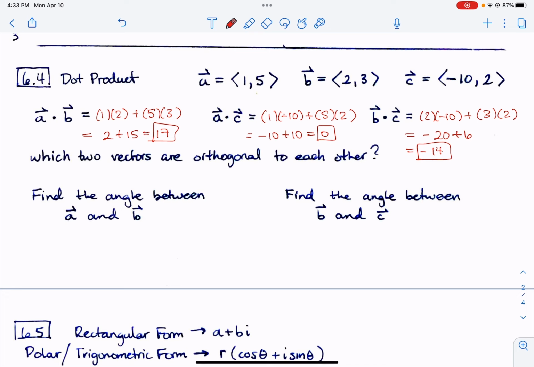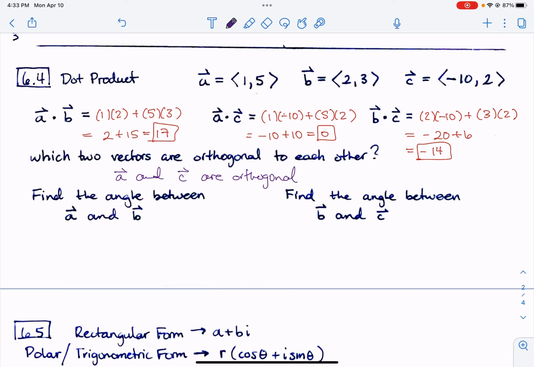And the next question, which two vectors are orthogonal? There's a very easy way to tell which two are orthogonal. It's the one that gives you a dot product of 0, right? And that's only the middle option, right? So what we would say is A and C are orthogonal.